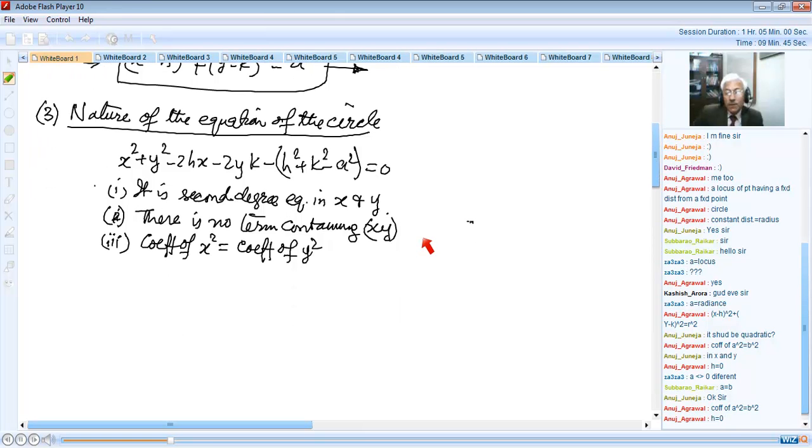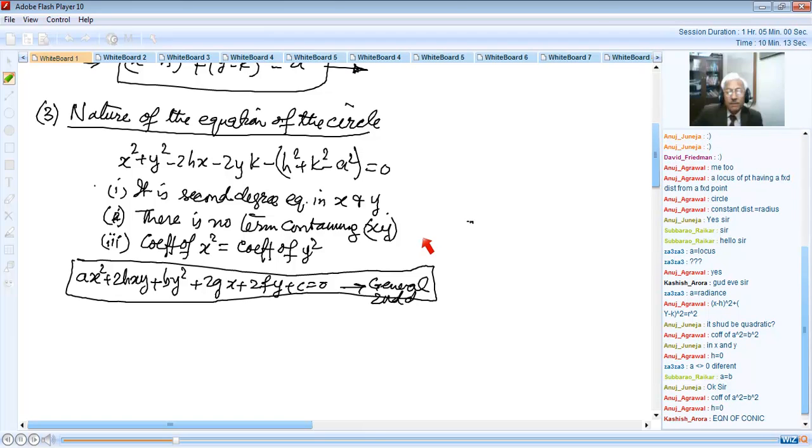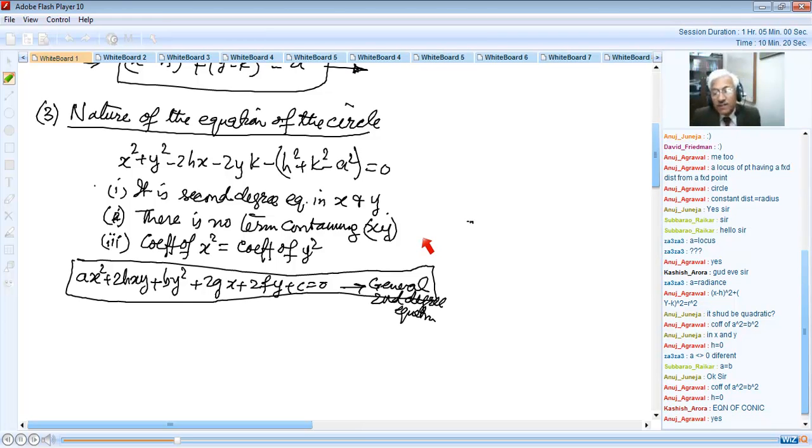To be very particular about it, you are right, Anuj, because the general second degree equation, I must tell you here, is ax square plus 2hxy plus by square plus 2gx plus 2fy plus c equal to 0. It can represent many things that we will discuss later.